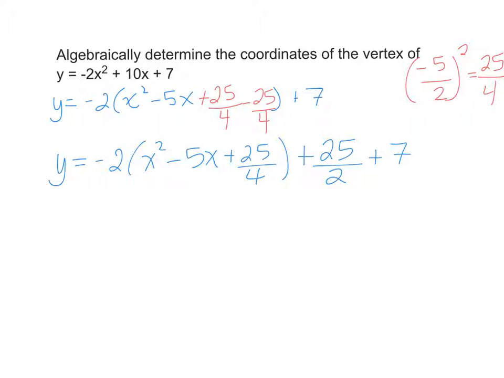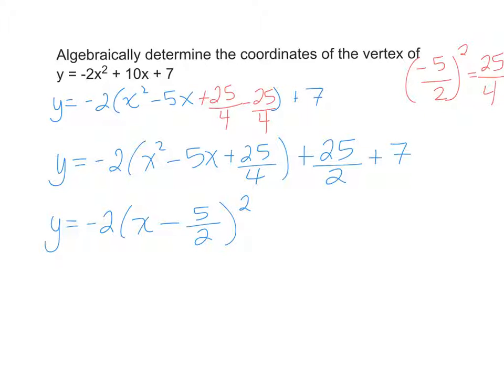Then factor. The negative 2 is still there. When I factor this, square root of x squared is x. Take the negative from the 5x. And then the square root of 25 over 4, which is 5 over 2, squared. Don't forget to write that squared in there.